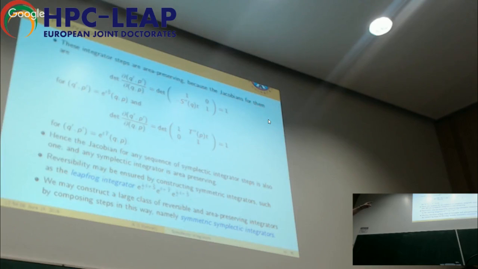The bottom left-hand corner is the fact that we're changing p by an amount that depends only on q, so that gives us something, in this case minus S double prime of q times t. The top right-hand corner is 0 because we're not changing q. So we get this triangular form with 1s on the diagonal just from the structure of the evolution, namely that we're shifting one variable by an amount that depends only on the other variable. And which is why it's integrable, right? We're changing one variable by an amount that doesn't depend on that variable itself.